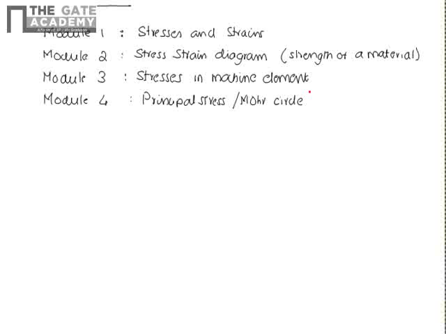And this principal stress is the most important and the most interesting concept in strength of materials and machine design. And it is very, very relevant in designing any component. And finally, in module 5, we will be seeing what are the failure theories. So therefore, we will start with module 1, which is nothing but the basics of stress and strain.